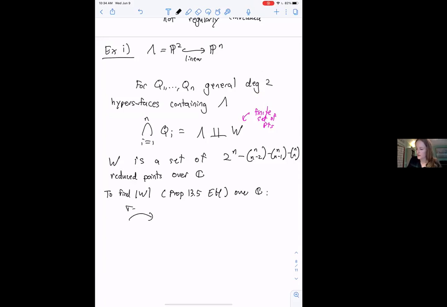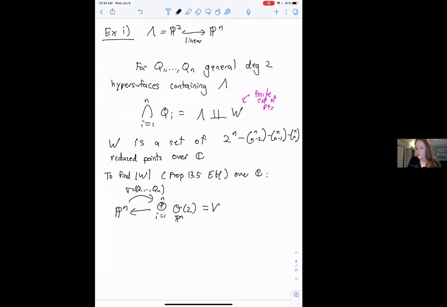So it gives us a section Q1, ..., Qn of a direct sum of n copies of O(2).